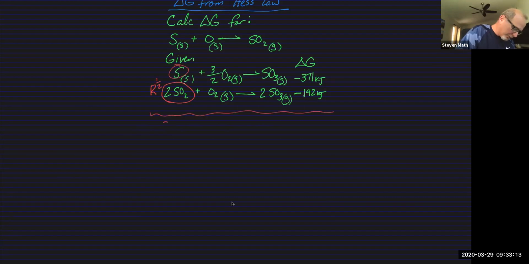I'm going to rewrite both equations because that's what I do. S as a solid plus 3/2 O2 as a gas, going to SO3 as a gas. That's going to be a -371. Reverse and cut in half that other equation.